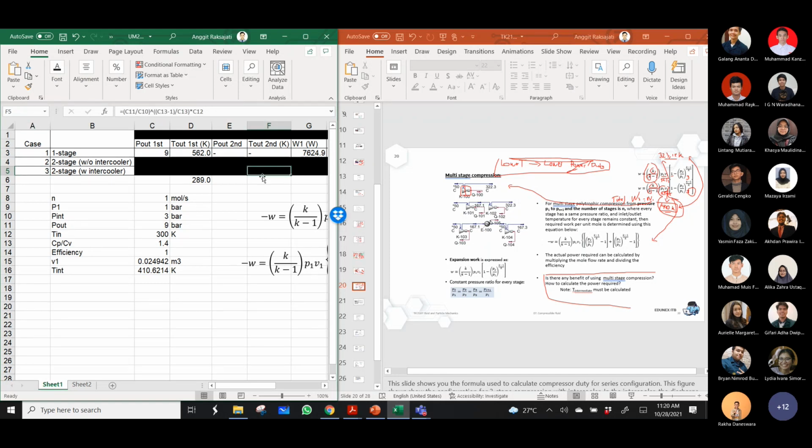And that's the first step to calculate the duty. Why? Because later we will use the temperature a lot when we calculate the duty. To replace the P1 V1, you can replace it with the RT1.